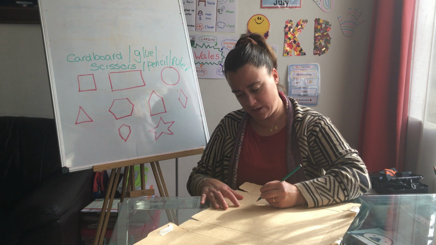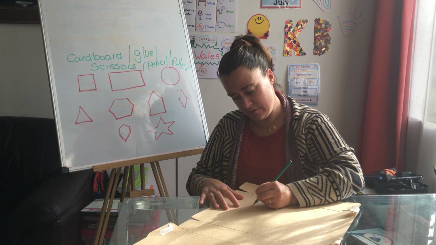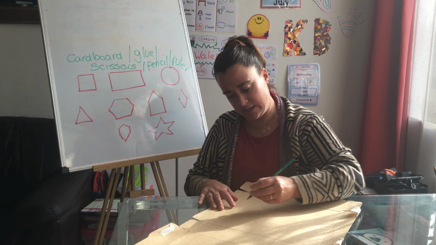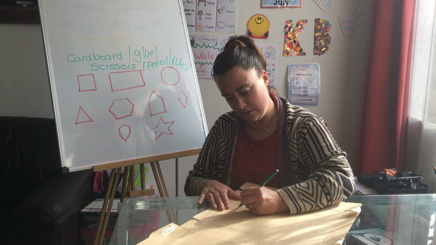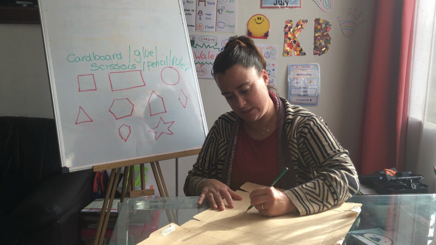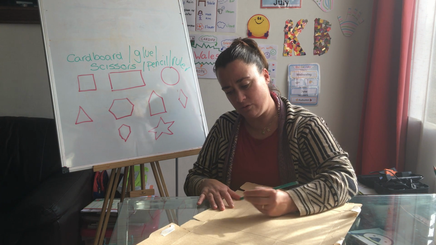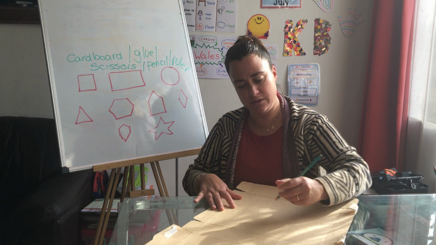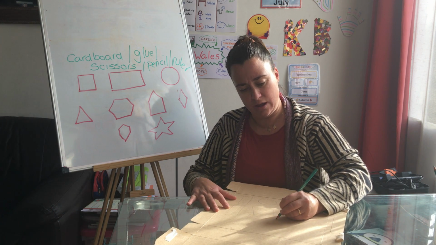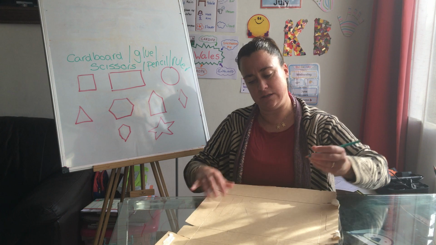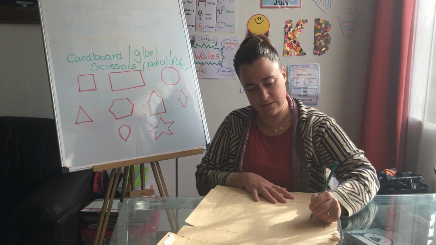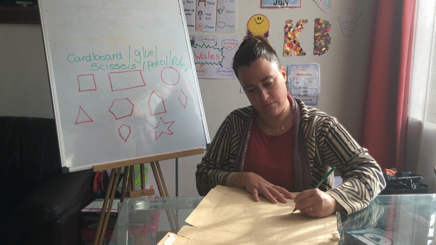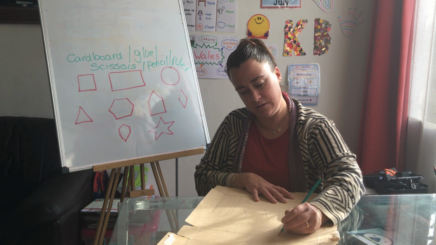I'm going to make now some rectangles over here. You can do different size rectangles as well. They don't all have to be the same length or width, right? I'm going to make some triangles as well. I am going to make some pentagons. All right, some pentagons here.